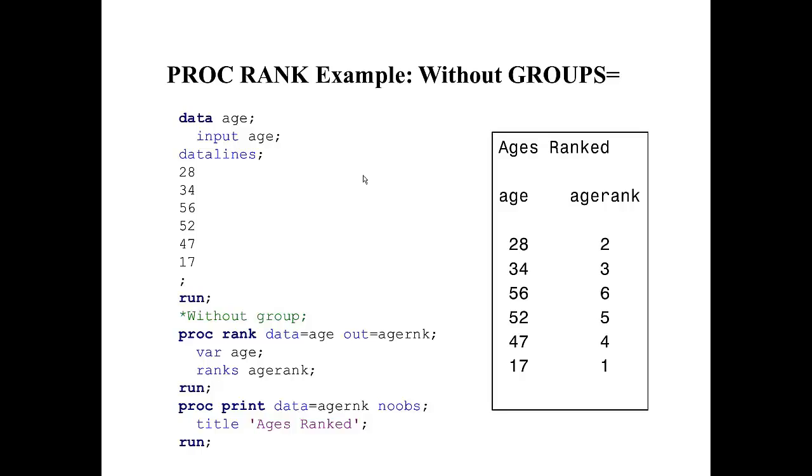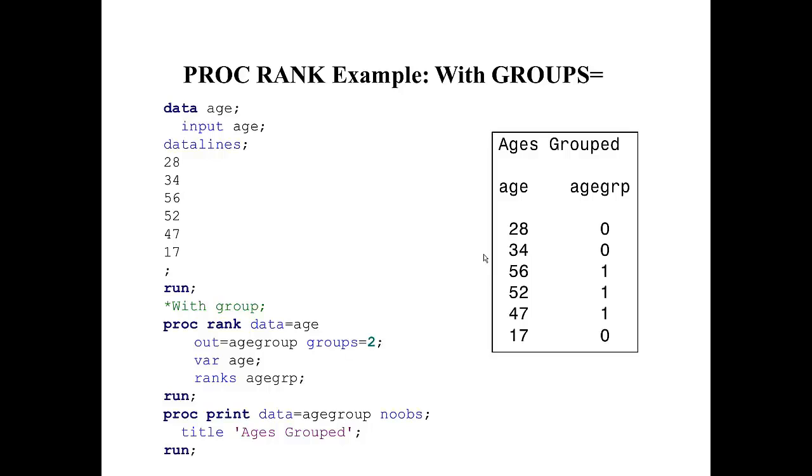So we're not interested in regrouping age, we're just interested in ranking age. We've left out the groups equals option in our PROC RANK statement. And so if you look at this output box, here we see a printout of the age and then the rank of age in our data set. So the age of 28 would be the second smallest value of age in our data set. 17 has a rank of 1, which is the smallest age in this data set.